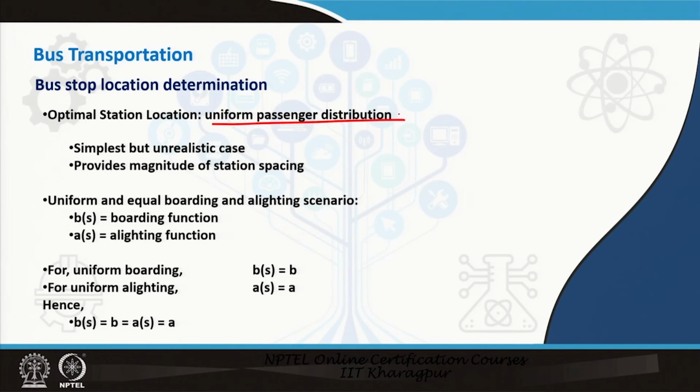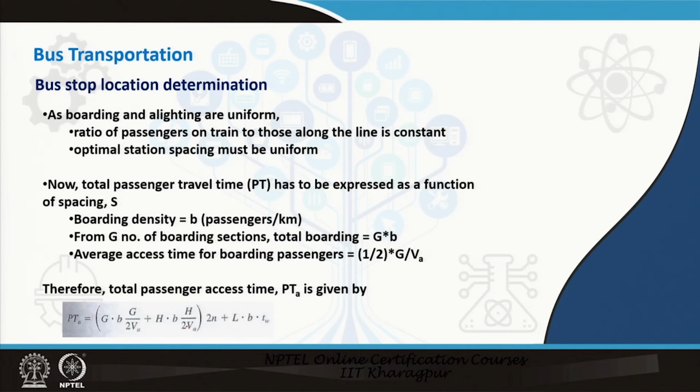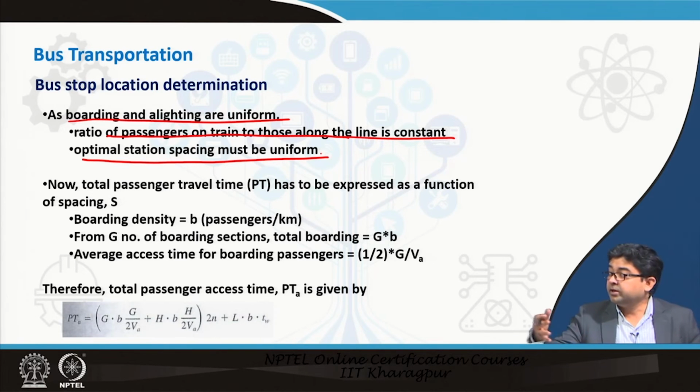But again, to make it simplistic, for this mathematical expression to be developed, we are assuming that kind of uniform passenger distribution. So, for uniform boarding, if there is a function B of S equal to B, and uniform alighting A of S equal to A, then all are equal, right. If you assume that, and as boarding and alighting are uniform, the ratio of passengers on a train to those along the line waiting on the platforms is almost constant, and optimal station spacing must be uniform.